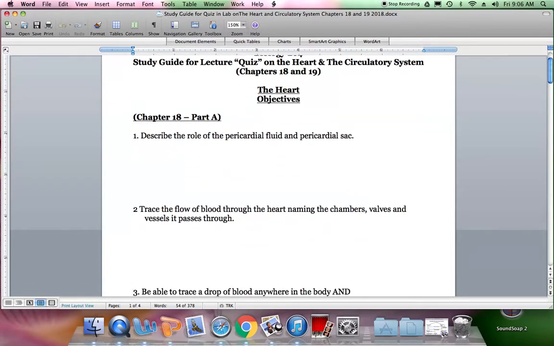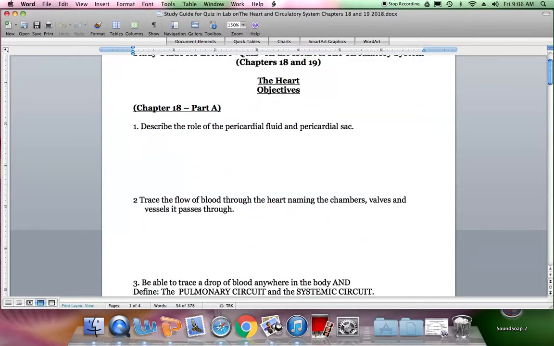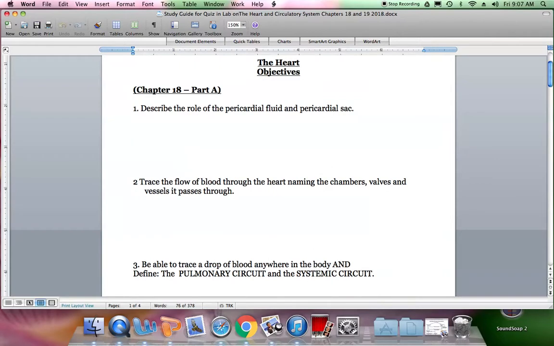So trace the blood flow through the heart, naming the chambers, valves, and vessels that it passes through. And then number 3, be able to trace a drop of blood anywhere in the body, and then also be able to define the pulmonary circuit and the systemic circuit.